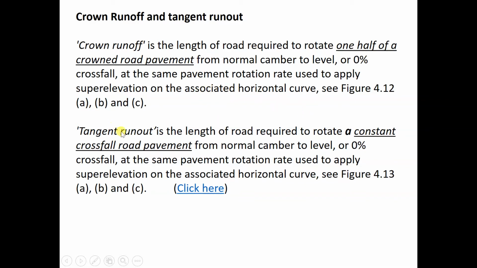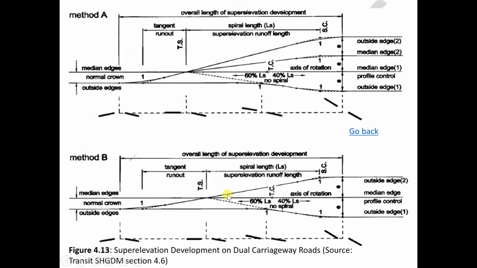Tangent runoff is the length of road required to rotate a constant crossfall road pavement. So this is for when the road has a constant crossfall pavement. Instead of calling it crown runoff, we call it tangent runoff. That means the road here has a constant crossfall, it could be 2% on both sides, but it is constant, so the whole thing is rotated upwards.